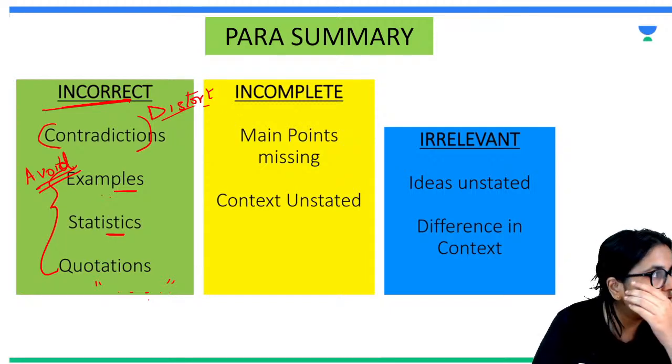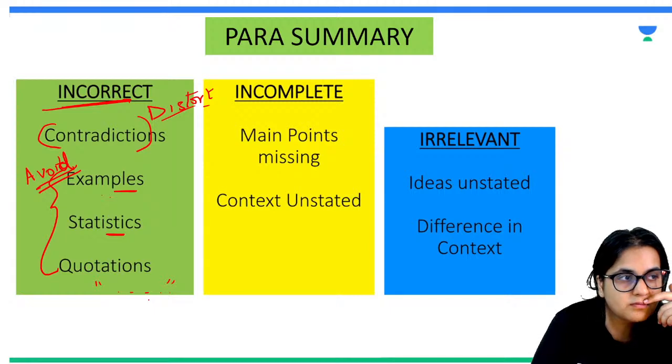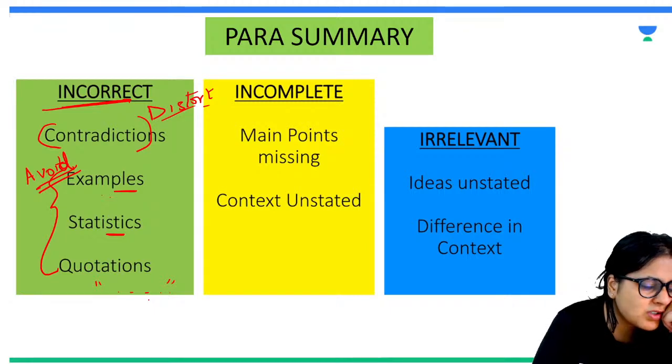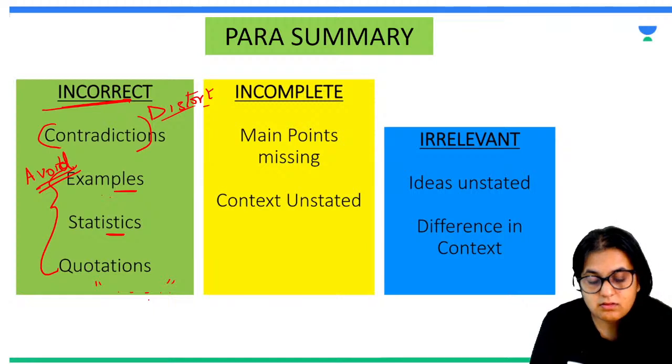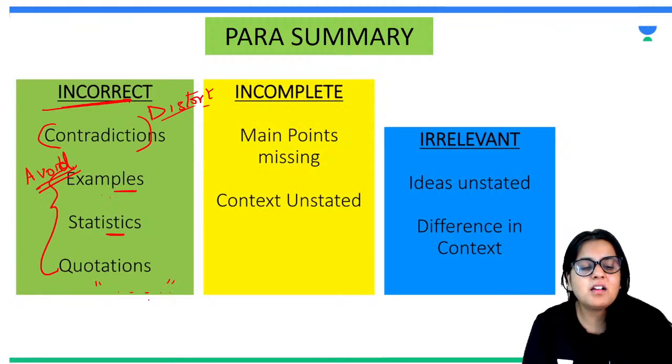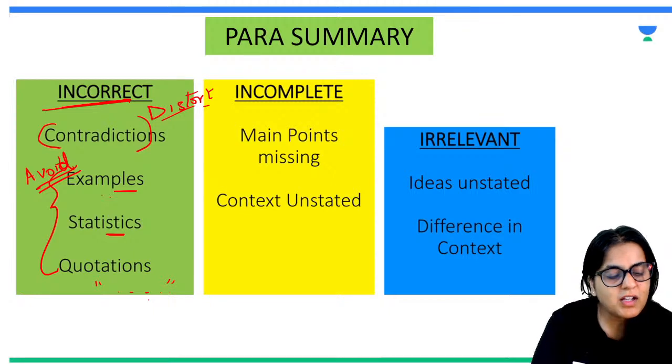For example, if the passage says, tell me a famous quote, guys. Okay, let's say 'be the change you wish to see in the world' was quoted by, let's say, Mahatma Gandhi.